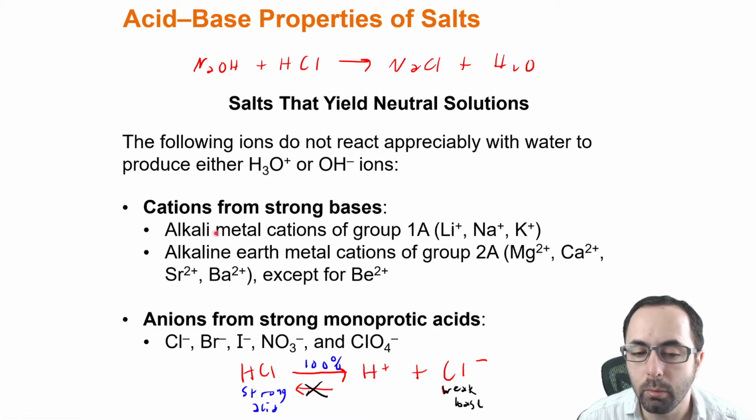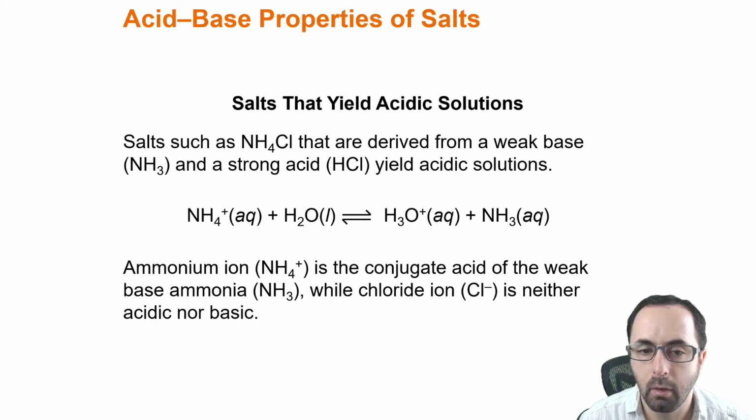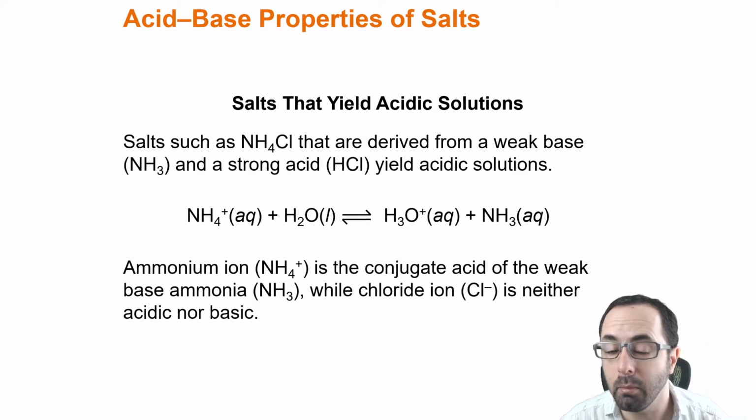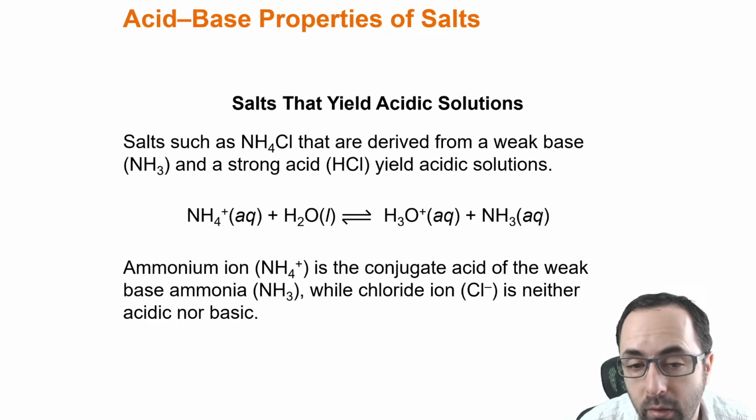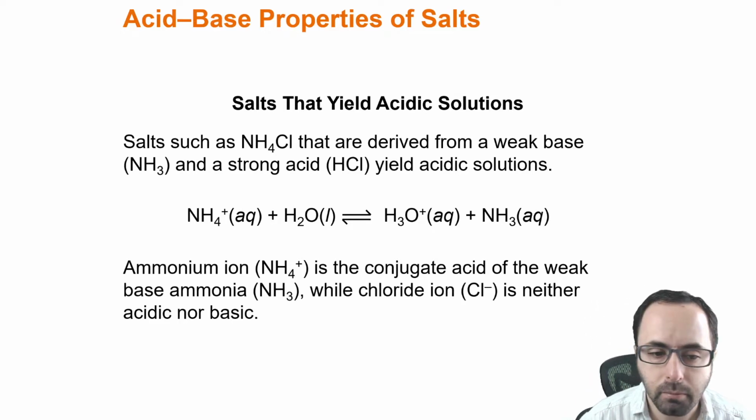So group 1 and group 2 positive ions do not produce an acidic solution. And anions that are part of strong acids are not basic. They produce neutral solutions. So let's talk about some types of ions, positive ions generally, that could produce acidic solutions.